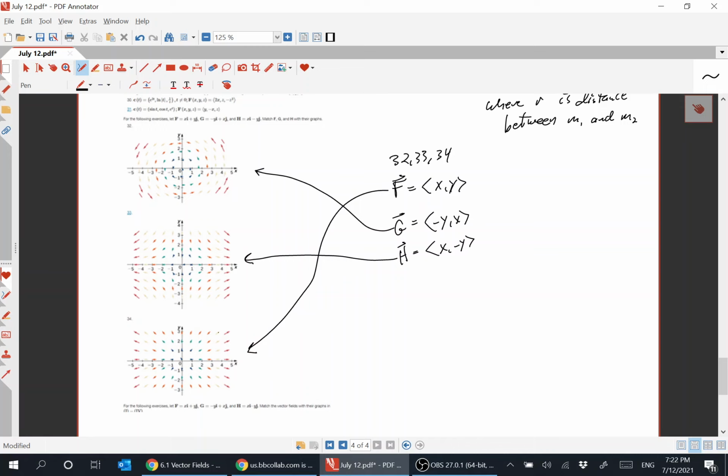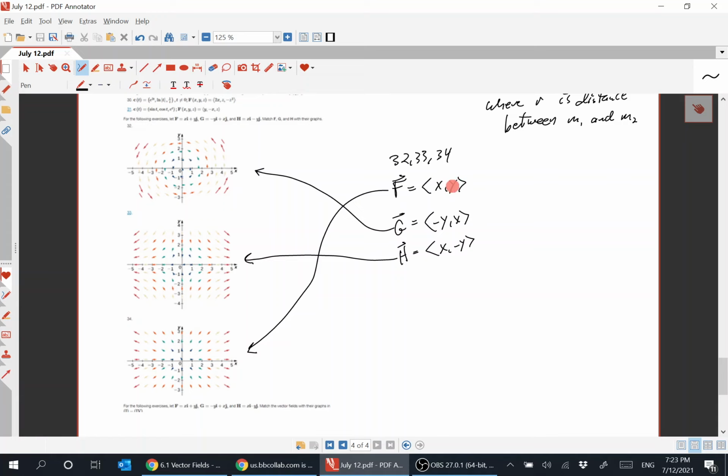All right, so common vector fields in 2 dimensions. Nice examples of them. By the way, are any of these gradient fields? Is this one a gradient field? The partial derivative of this with respect to y is 0, and the partial derivative of this with respect to x is 0. So this one is a gradient field, right?